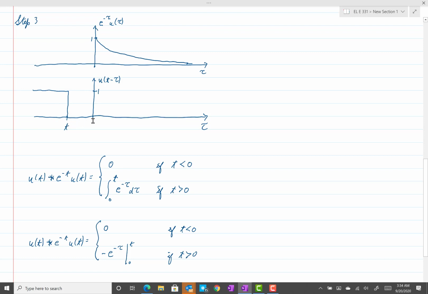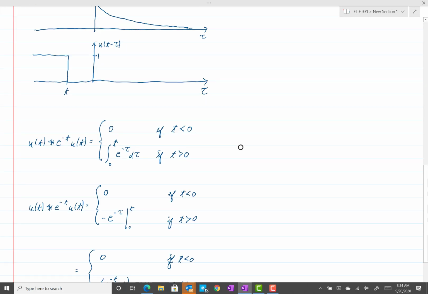But if we keep increasing t until it gets past 0, then we will have overlap between tau equals 0 and tau equals t. And so the integral will just become the integral from 0 to t of e to the minus tau times 1, so we get e to the minus tau d tau, and that's if t is greater than 0.